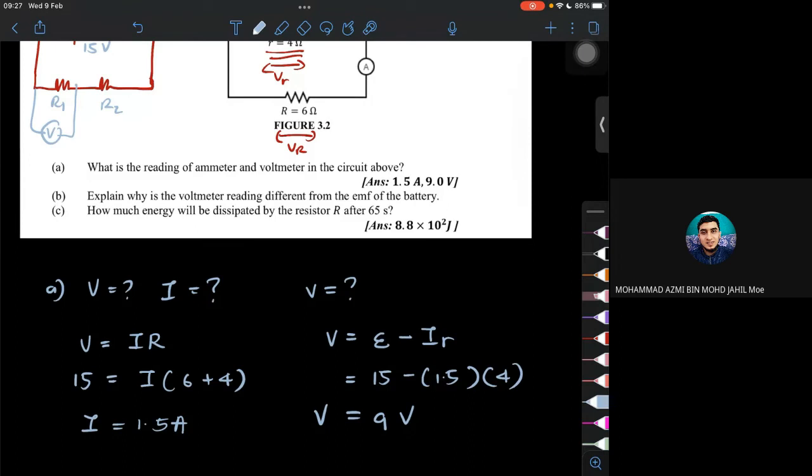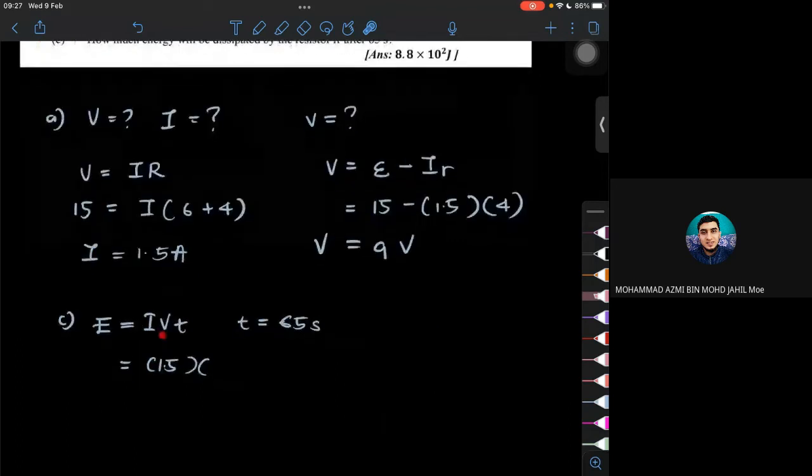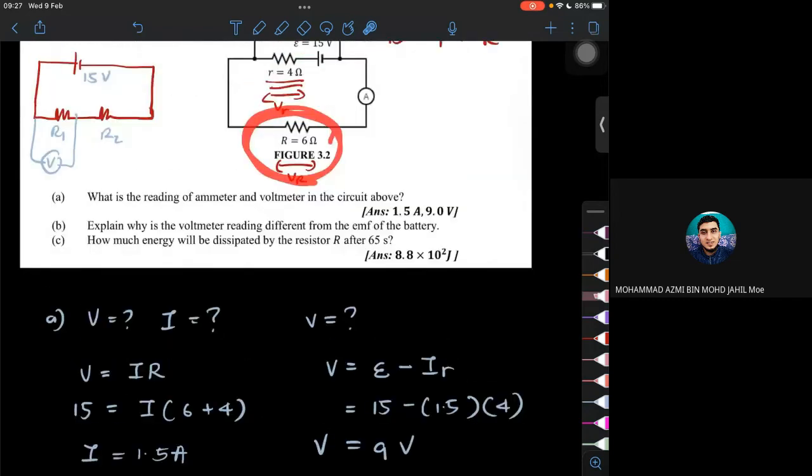Dia minta potential difference untuk resistor R. Okay, because dia minta untuk this one. Okay, because we want to find the energy specific dekat sini kan. So kalau the energy specific dekat sini, voltage pun yang dalam formula ni mestilah yang voltage di dekat resistor ni.